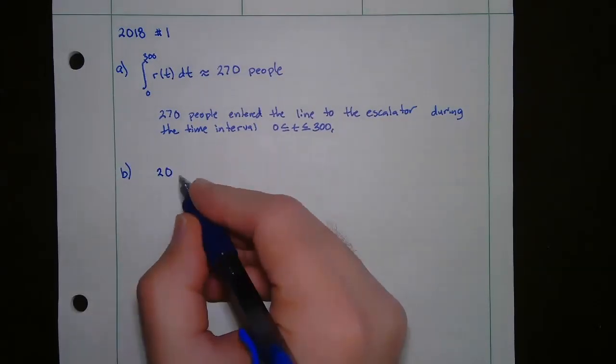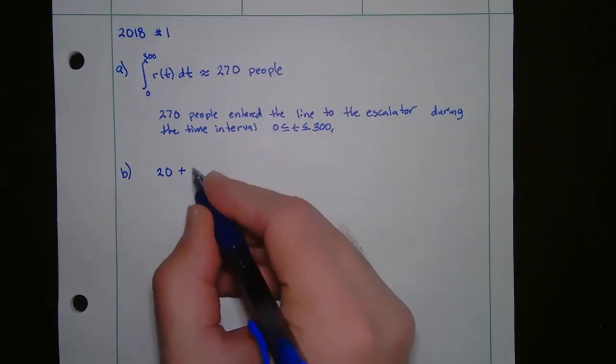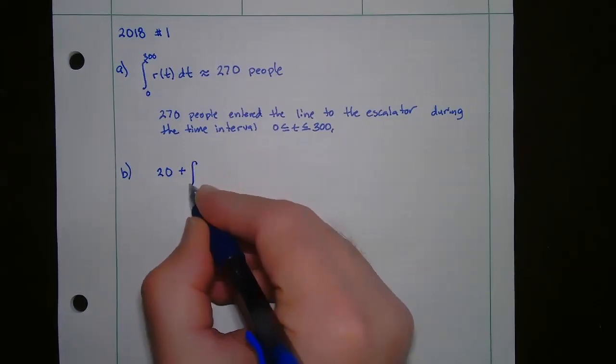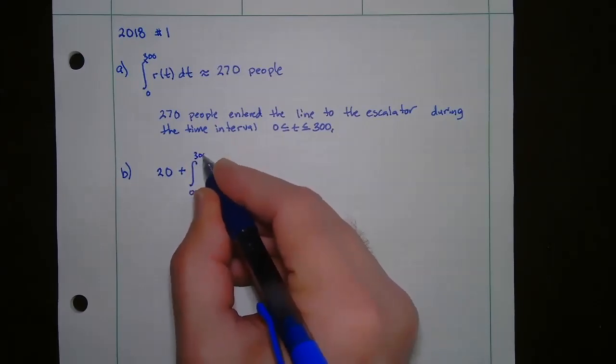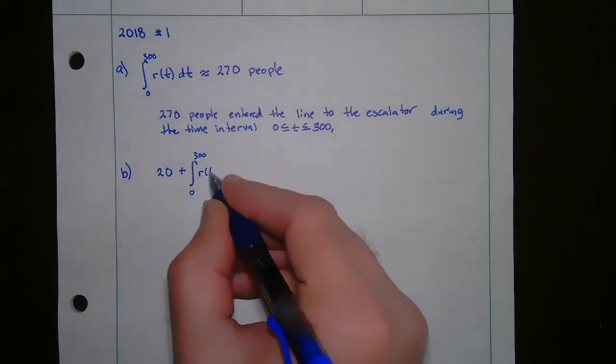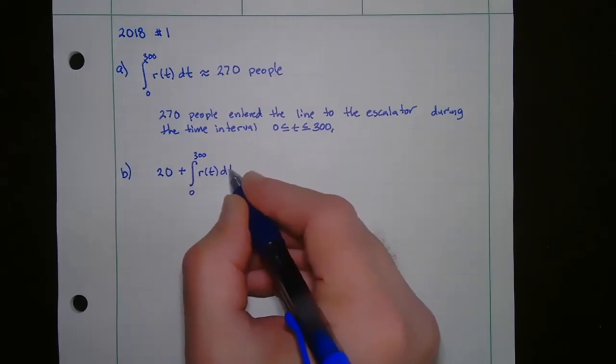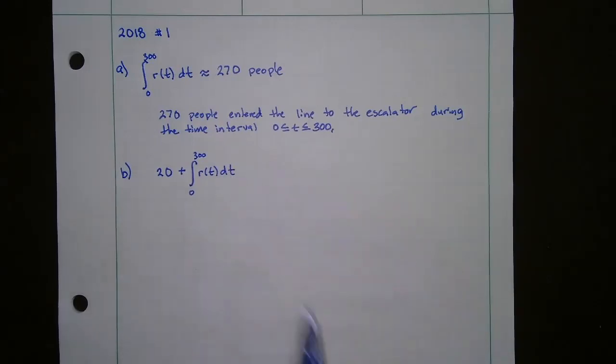And then we added the people from 0 to 300. So the integral from 0 to 300 of r of t dt. That's how many people between 0 and 300 seconds have been in line.